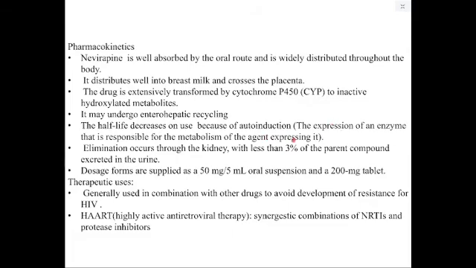We had said that it may undergo enterohepatic recycling that will give the drug quite a long duration of activity. The half-life decreases in use because of auto-induction, and auto-induction is where giving a certain drug expresses a certain enzyme, and that enzyme helps in the metabolism of that drug. So it is the expression of an enzyme that is responsible for the metabolism of the agent expressing it.